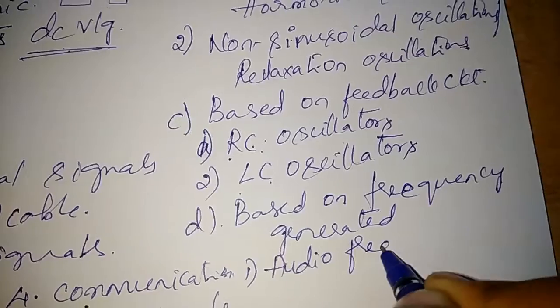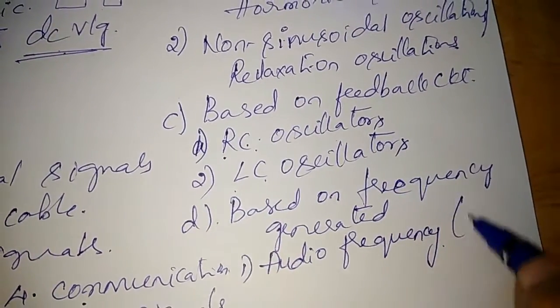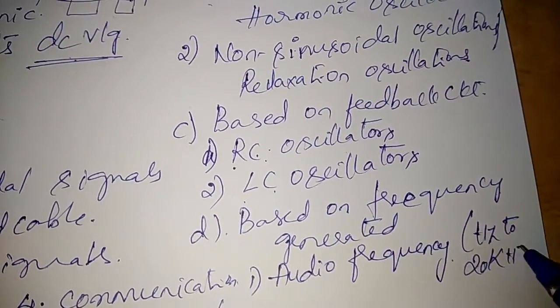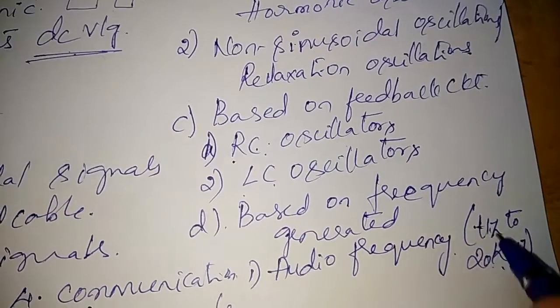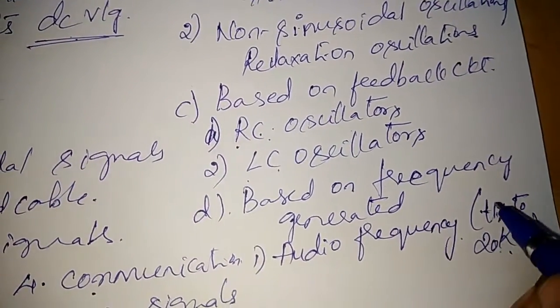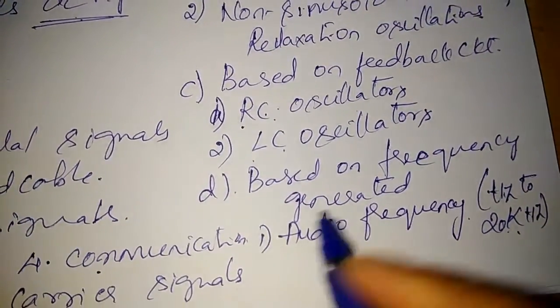What is the range of audio frequency? It is from a few hertz to 20 kilohertz. A few hertz means it may be from 1 hertz also. From a few hertz to 20 kilohertz comes under the audio frequency range.